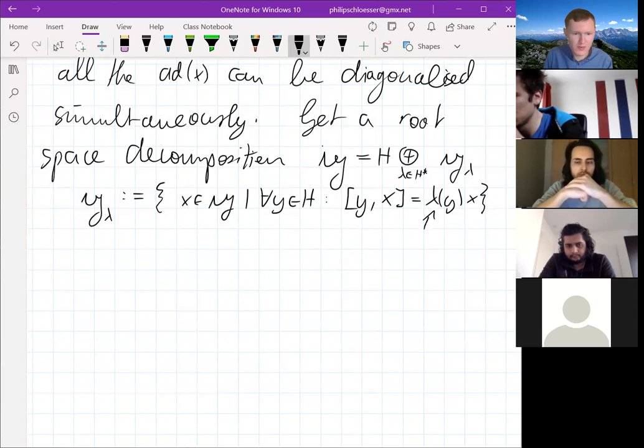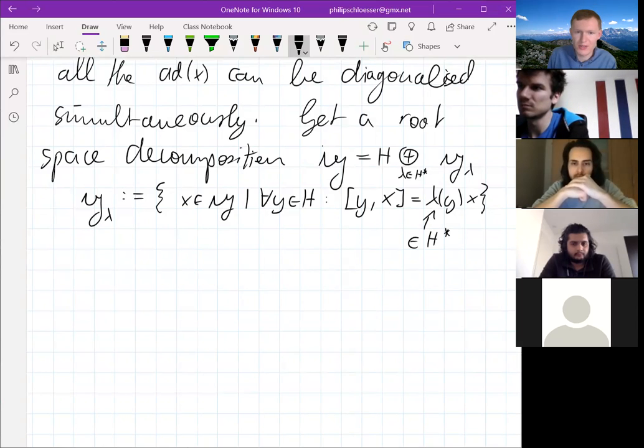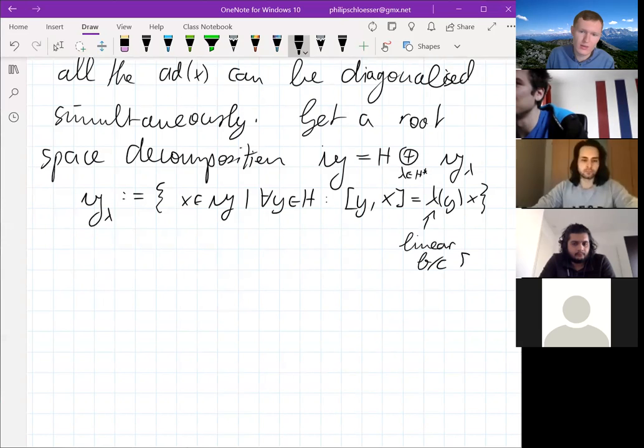And these roots that characterize the eigenvalues are linear maps from H to C, just because this Lie bracket is linear in its first argument, because it's bilinear.